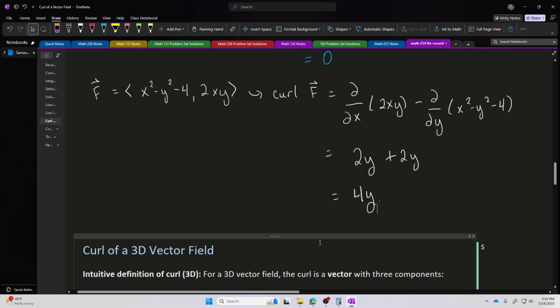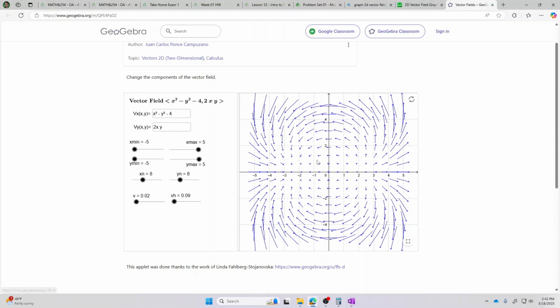And that matched our observation from the graph as well. We saw in the graph that if we were dealing with locations on the upper half of the picture, where the y's of the positions are all positive, the swirl was in the positive direction as well. But if we were dealing with locations on the bottom half of the picture, whose y coordinates were all negative, the curl was backwards in this situation, in the clockwise direction.